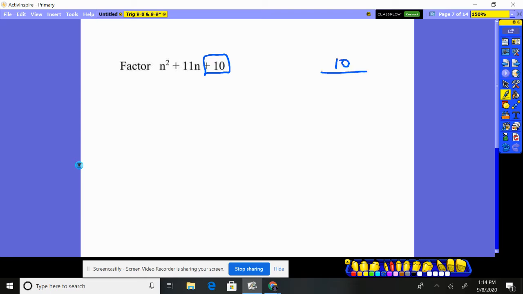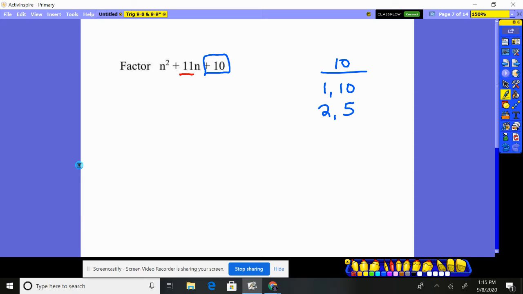And we're going to say, I know that to create that 10, I had to have two numbers that multiplied together to give me 10. So I could have had 1 times 10 or 2 times what? 5. Now, so it's either n plus 1 times an n plus 10 or an n plus 2 times an n plus 5.